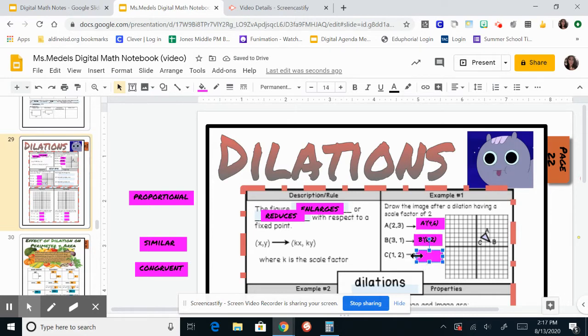To get to my C prime, I am going to multiply again. So 1 times 2 is 2, and 2 times 2 is 4. So my new coordinate is (2, 4). So pretty easy. All you're doing is multiplying your scale factor by the coordinates. Now, if they don't give you the coordinates, you're going to have to find the original coordinates first and then multiply by that scale factor.